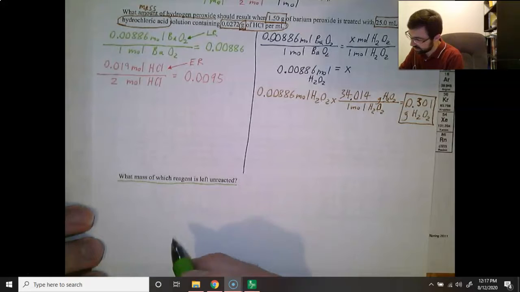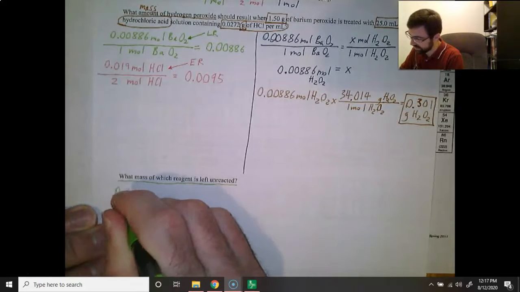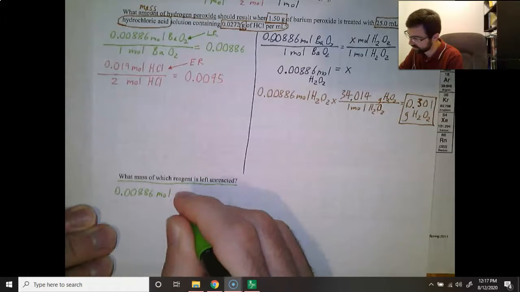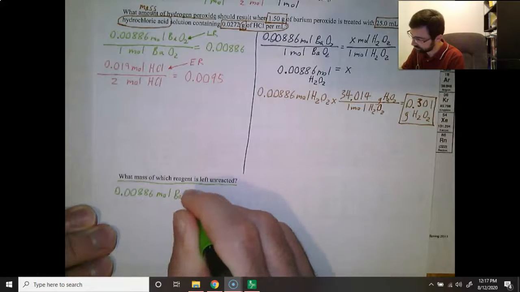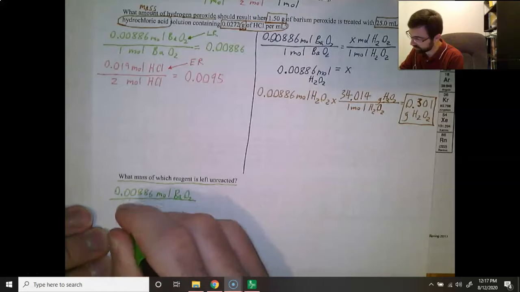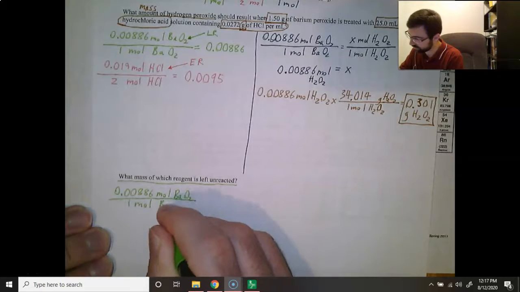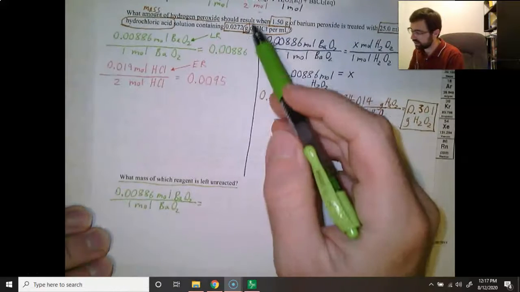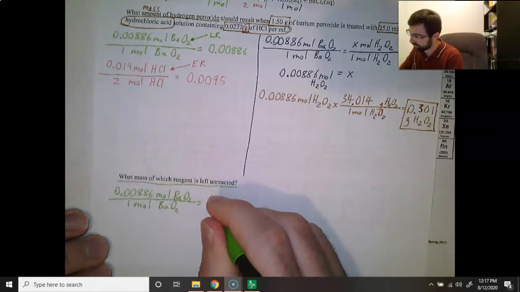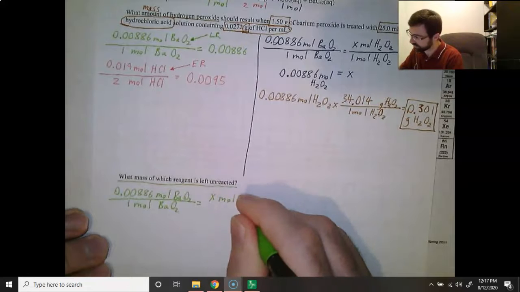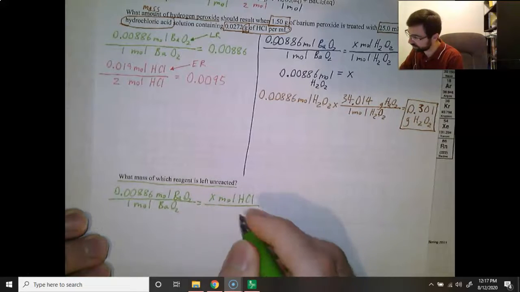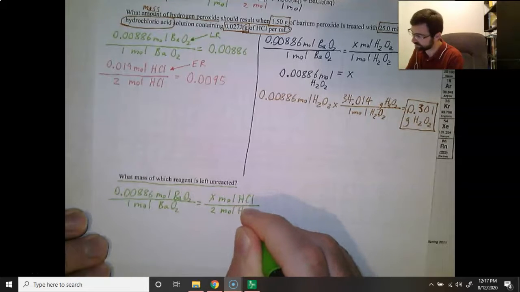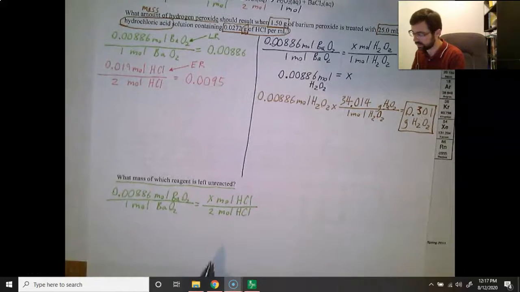So we start out 0.00886 moles of BaO2 over 1 mole BaO2 equals, all right, and then I'm going to put x moles of HCl over 2 moles of HCl. Okay, now I can cross multiply.